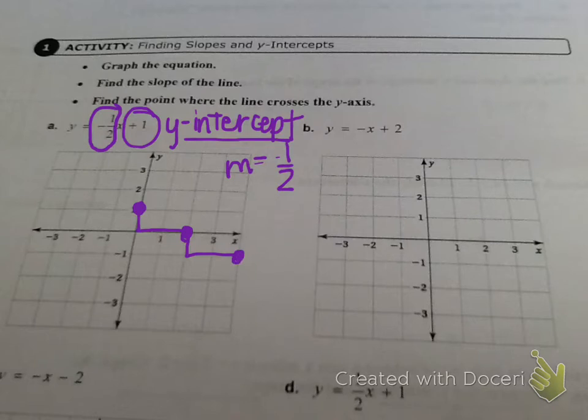So my line, remember, big bold lines that go through the graph, looks like that. So in this case, my y-intercept is 1, and my x-intercept is 2.